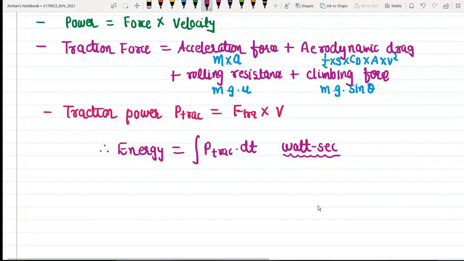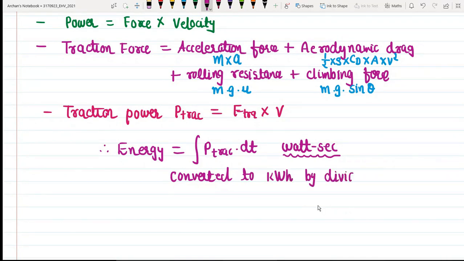So this is the reason why this energy needs to be converted to kilowatt hour by dividing this equation by 3.6 million. So this is the actual energy consumed by the vehicle.